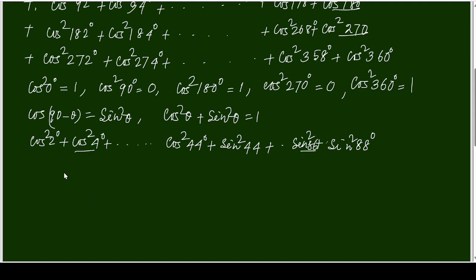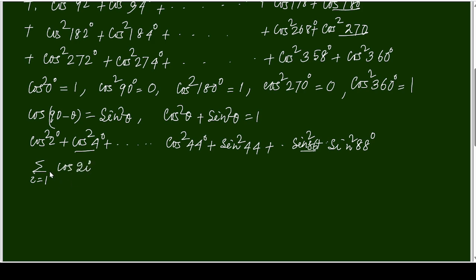So how to write this? I'll write that this is the same as taking the sum from i equal to 1 to i equal to, how many terms are there? 44 terms are there, but I am writing this as the sum of cos 2i.